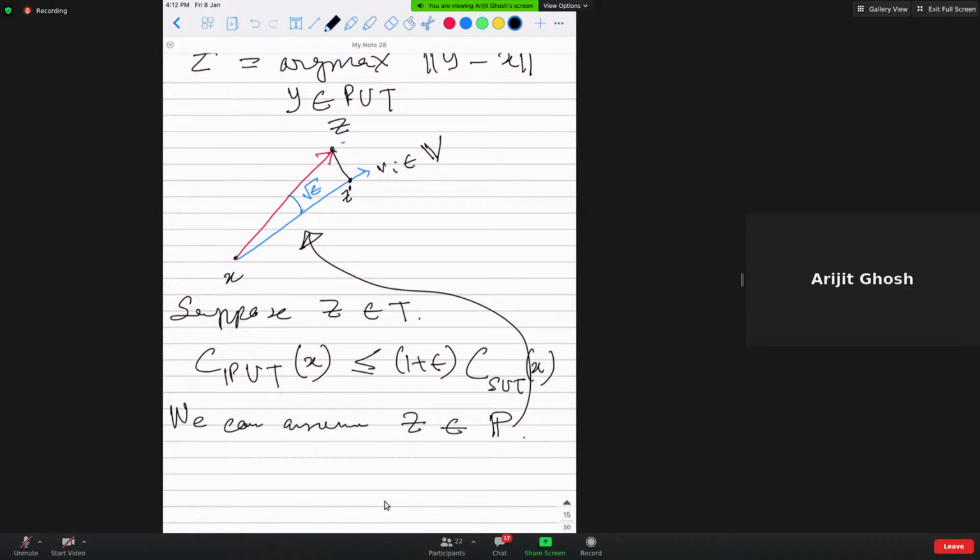What can we say about this? Does there exist another vector which is further than this in P?